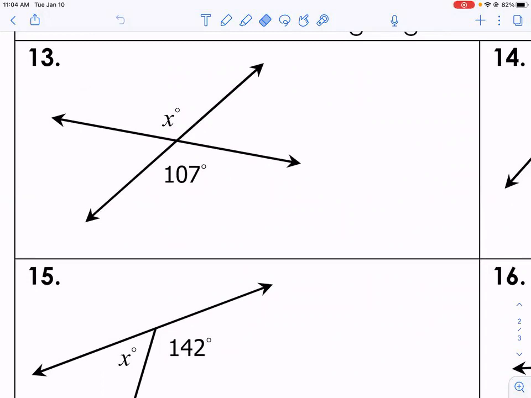All right. So in number 13, Brady, what's the relationship between the two angles that are labeled? They are vertical angles. So let's write that we have vertical angles. And Corin, because we have vertical angles, what's true about their measures?